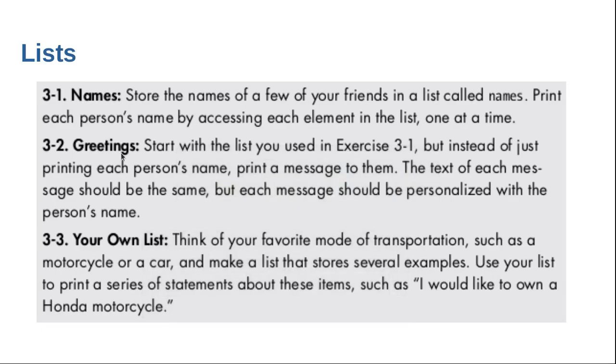Okay, so the next one is greeting. Starting from the previous exercise, but instead of just printing each person's name, print a message to them. The text of each message should be the same, but each message should be personalized with the person's name.